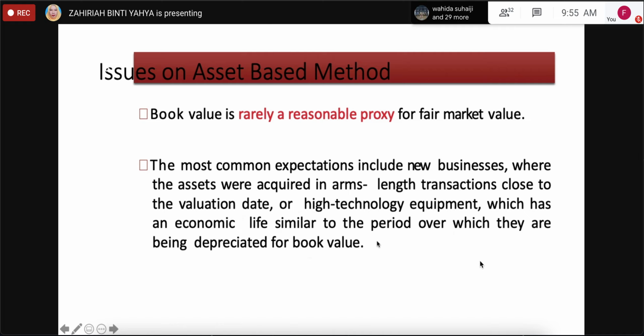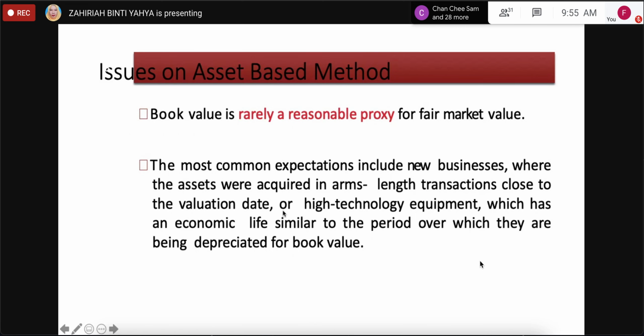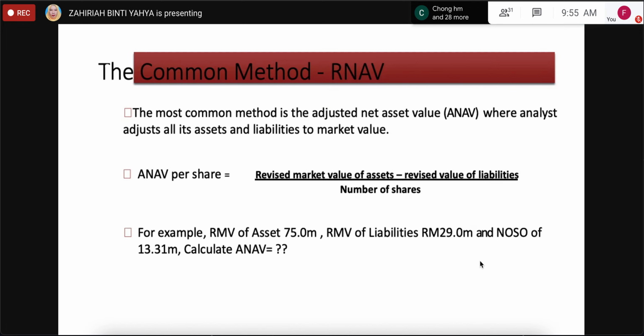So book value ni adalah lebih kurang the fair value, ya. Tapi kadang-kadang book value ni berbeza dengan fair value disebabkan yang saya kata tadi, kadang-kadang guna straight line depreciation, ya. Okay, so that's the issue that have to be taken into consideration by the business valuer. Okay, this is the first method, ya.